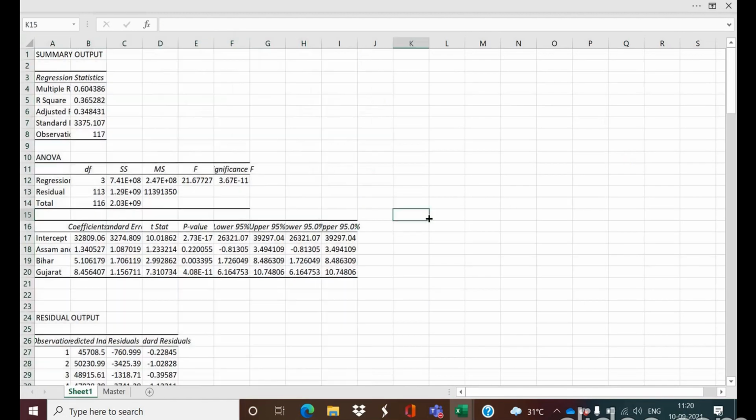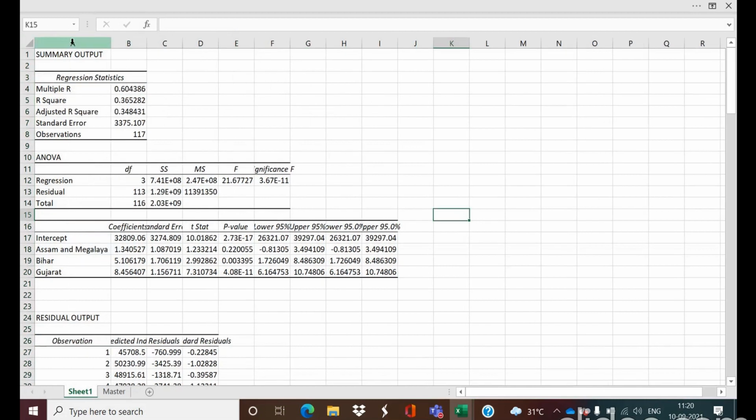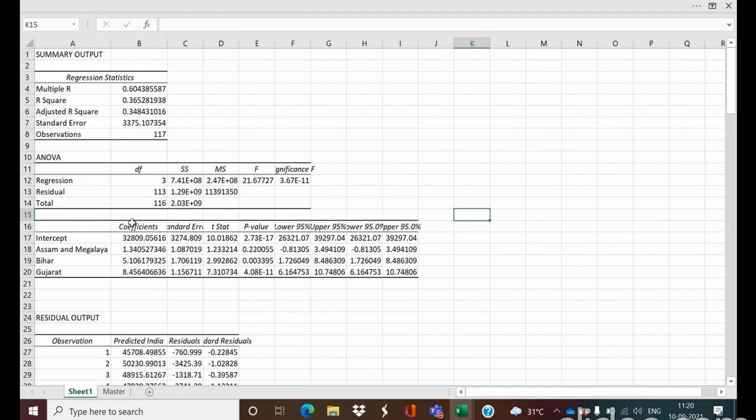Now interpret the results. Okay, so the y-intercept is 32809 mm.